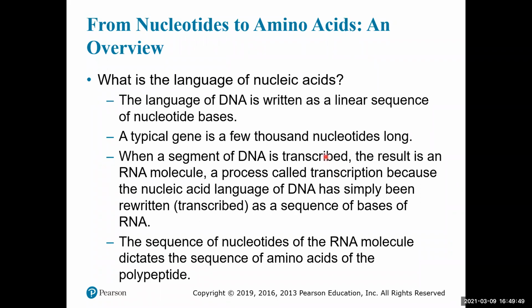And this process of going from DNA to RNA is called transcription. Basically, because we're going from a language of DNA being rewritten as a sequence of bases for RNA. So we're basically going from a language of DNA to a language of RNA.